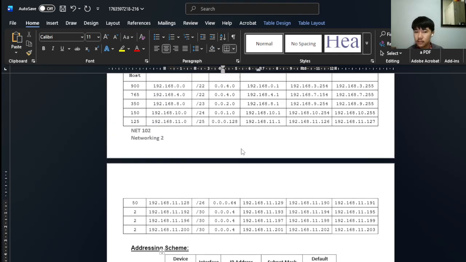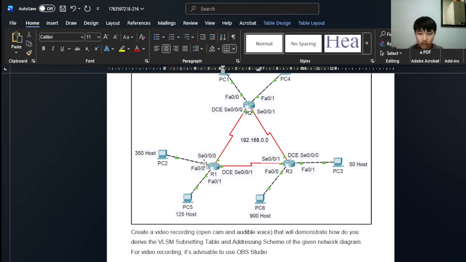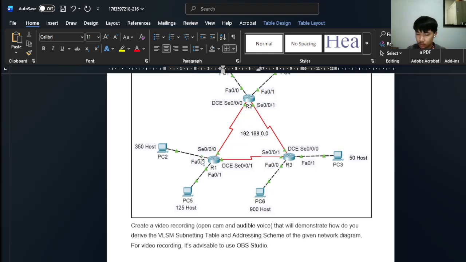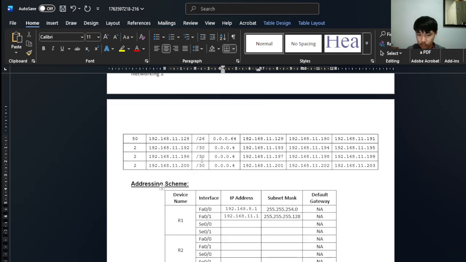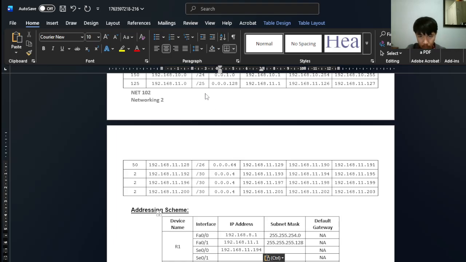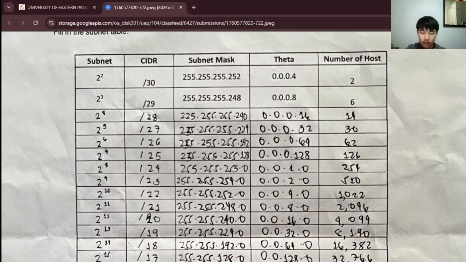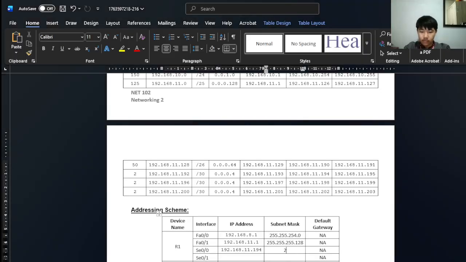So for this one, let's just check from the diagram. The subnet mask is CIDR /30, 255.255.255.252.